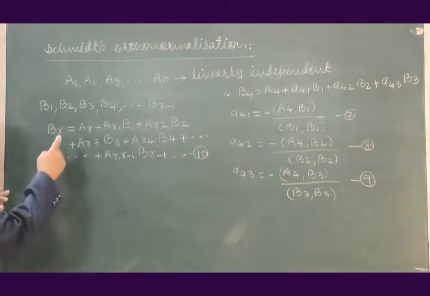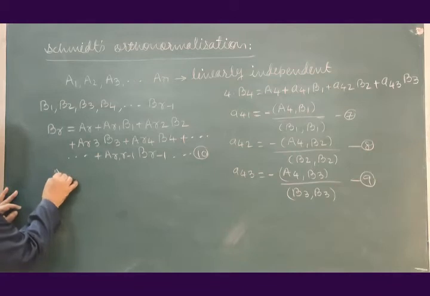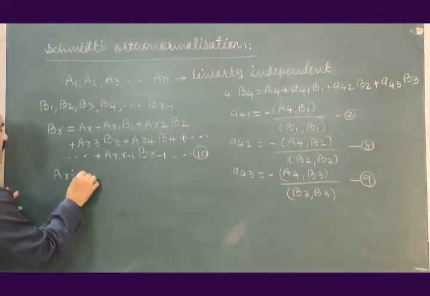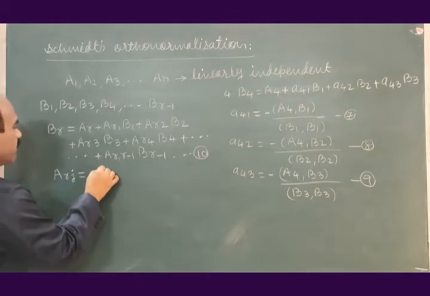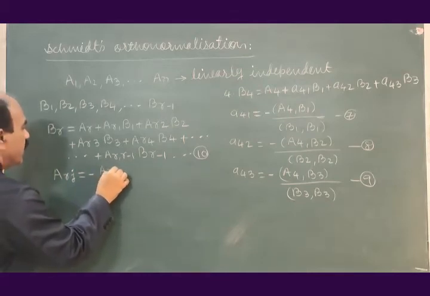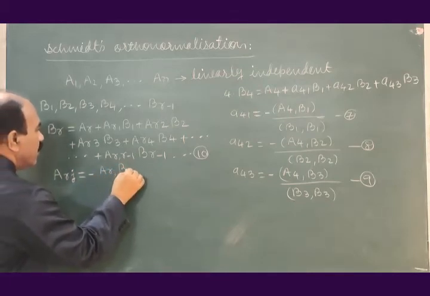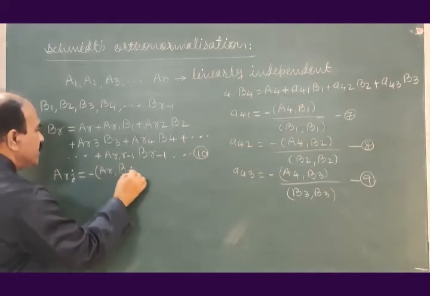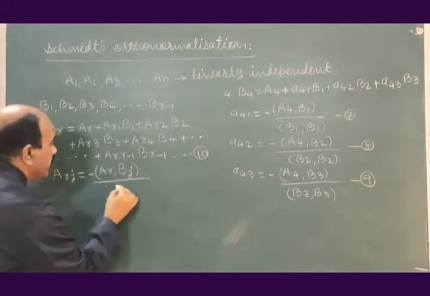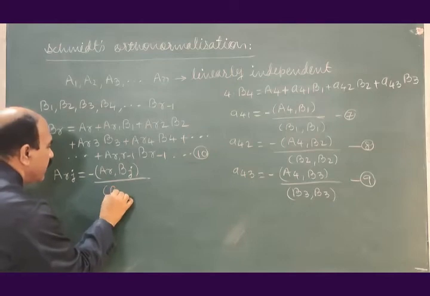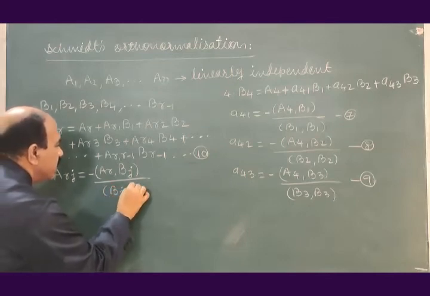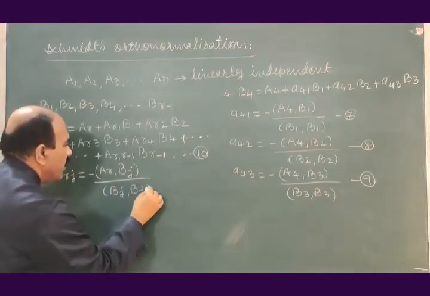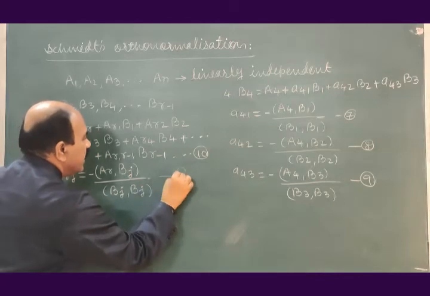And the formula to find these is arj is equal to minus of ar comma bj divided by bj comma bj.